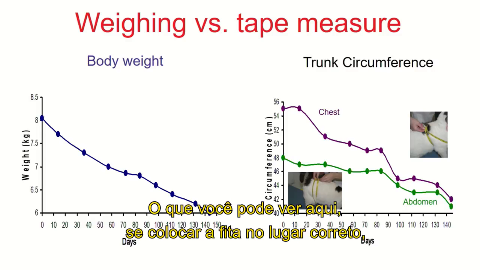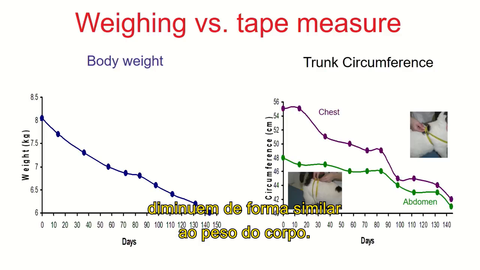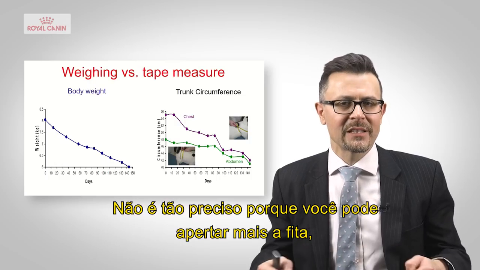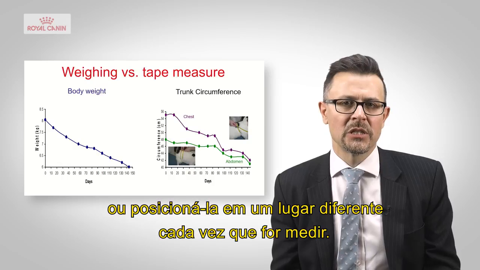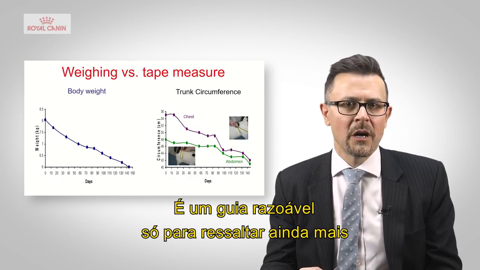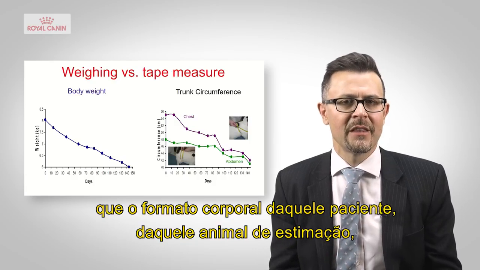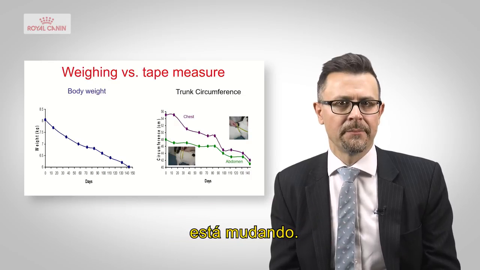And what you can actually see here, if you put the tape measure in the right place, is that the chest and abdomen girth decrease in a similar sort of manner to body weight. Whilst it's not as accurate, because of course you can pull that tape measure much tighter, or it may be positioned in a different place each time, it's a reasonable guide just to highlight further to an owner that the body shape of their pet is changing.